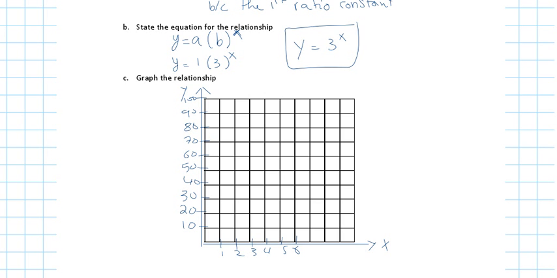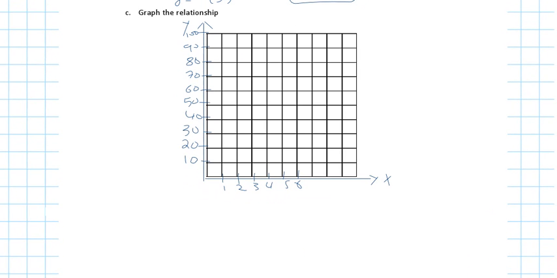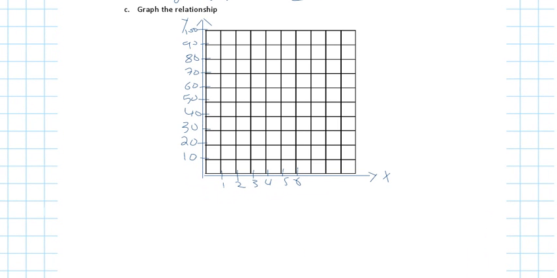0, 1, so my point is going to be very, very close to the origin. Then 1, 3. You guys know where I'm getting these numbers from, right? If you look at the table, 0, 1, 1, 3, what's 2? 2, 9.